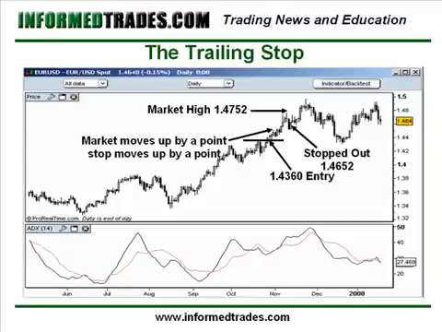Lastly here, some traders will wait until the market hits their profit target. They'll have their entry, they'll have their profit target, and they'll have their hard stop in.